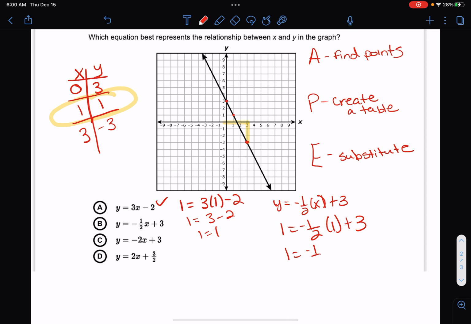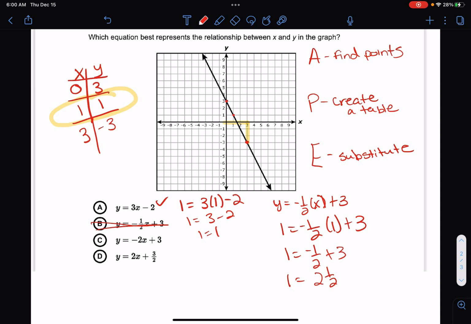So you have a negative 1/2 plus 3. One's negative, one's positive, so what do you do there? You would have to subtract. So it is 2.5. Is that what we wanted for our y? No, we wanted 1 as our answer. So B did not work.